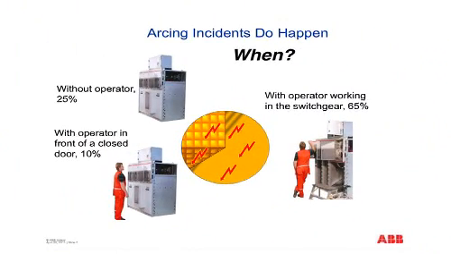Okay, so let's talk about when arcing incidents typically occur. The one that I want you all to recognize is that typically when an arcing incident occurs, 65% of the time it is with somebody working on the switchgear. This is the most alarming statistic that we were able to determine. And why is it alarming?